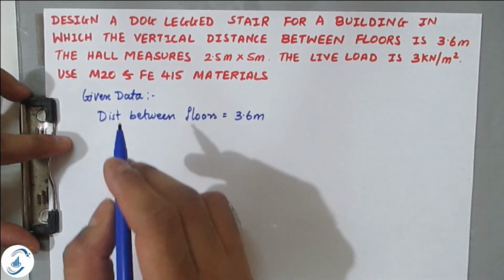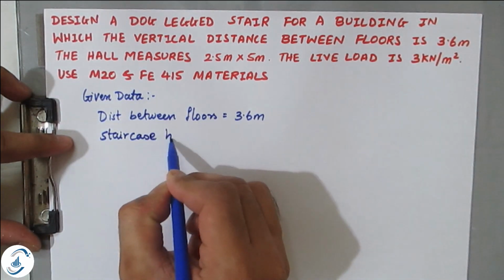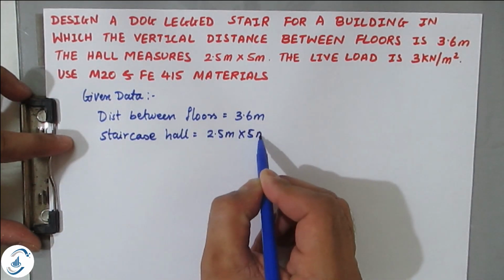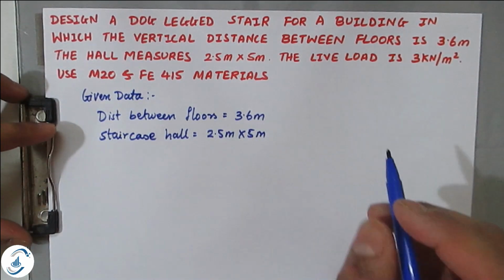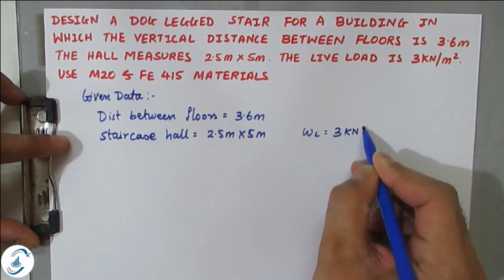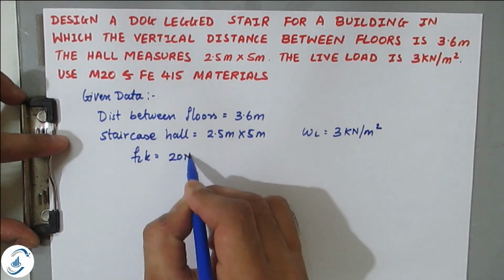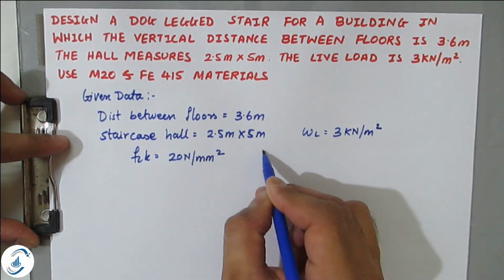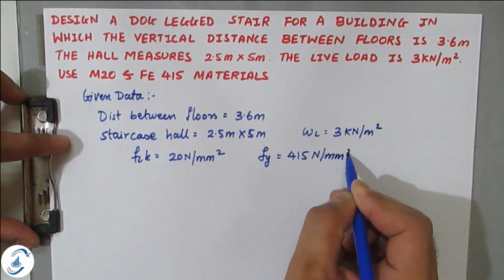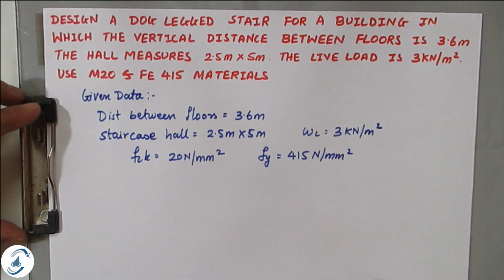Then the staircase hall is equal to 2.5 meters into 5 meters. Then the live load is given, so we will denote it as WL, that is 3 kilonewton per meter square. Then fck is given as 20 Newton per mm square and fy is 415 Newton per mm square.